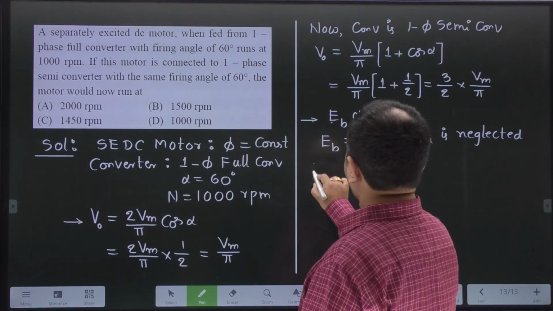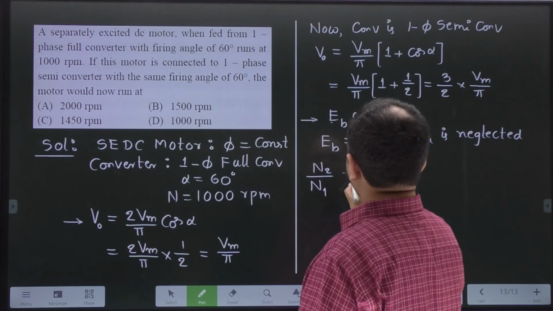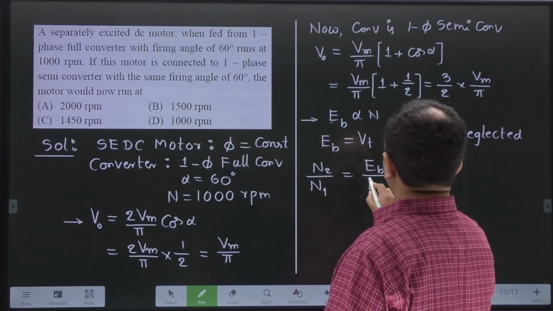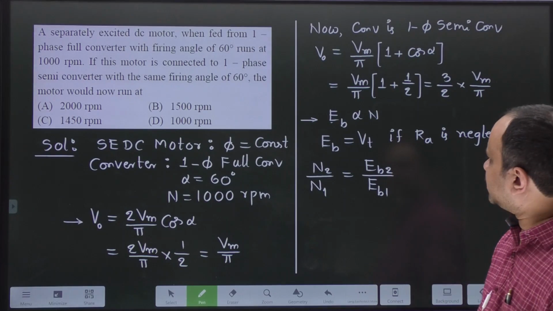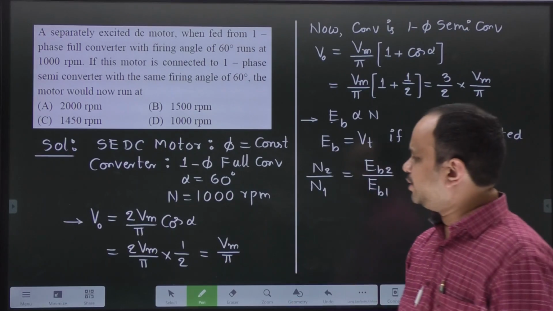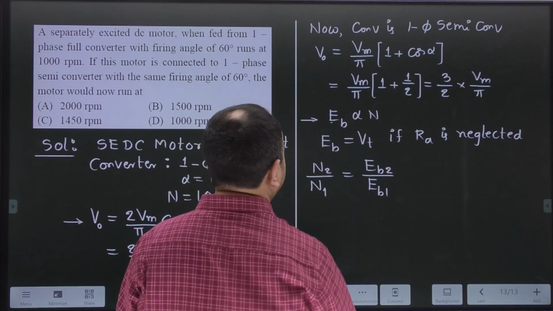Therefore, what could be speed of the motor? Let me take a ratio like this, N2 by N1 is equal to EB2 by EB1.